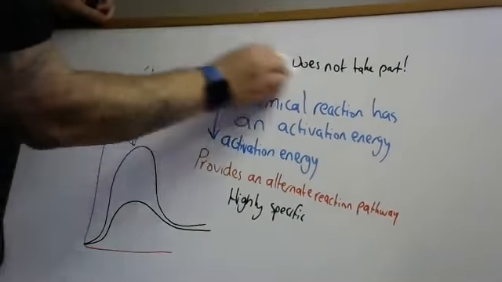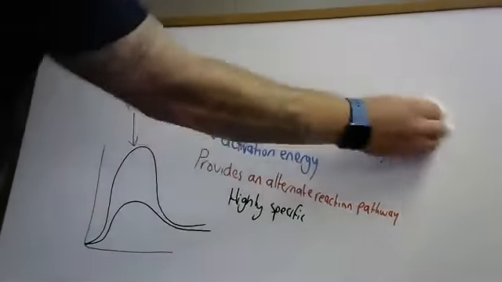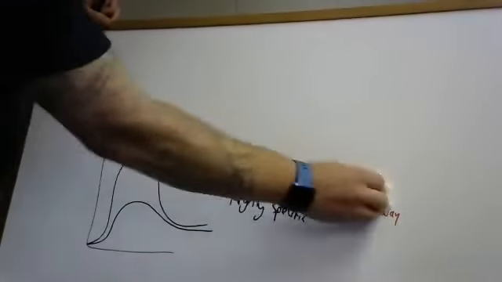What do we have in our body that allows us to survive by lowering the activation energy?